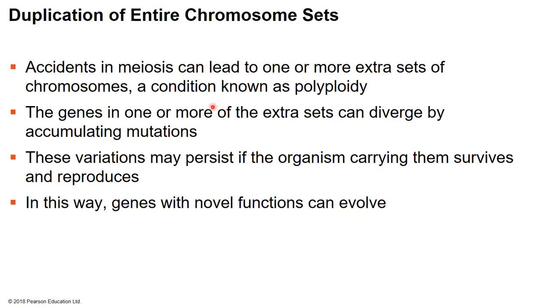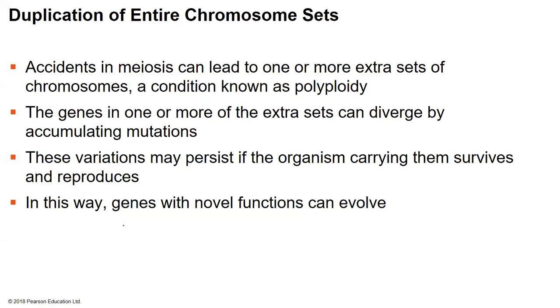So remember what you've learned about meiosis. Meiosis is used to produce cells that have half the number of chromosomes of the mother cell.